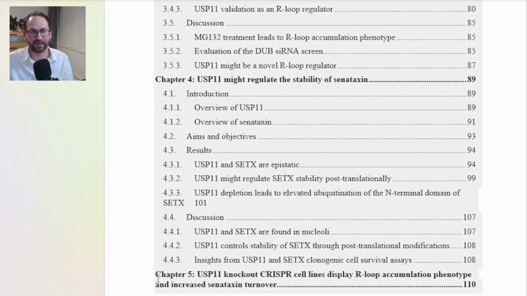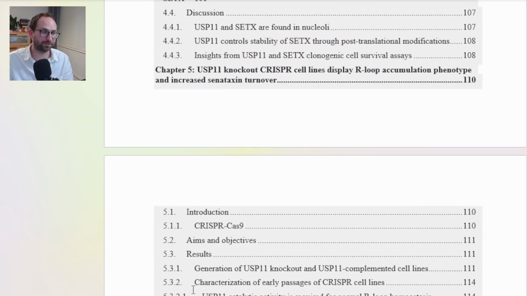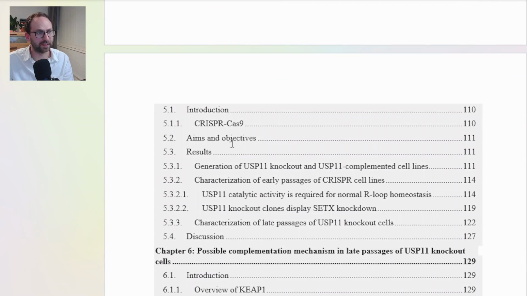And then again, I have another chapter, and look, now in the introduction, I talk about CRISPR-Cas9. This is stuff that I didn't talk about in the original introduction, right? Imagine if I had to talk about all of this in my introduction in the beginning, I wouldn't be able to connect these things without explaining my data.